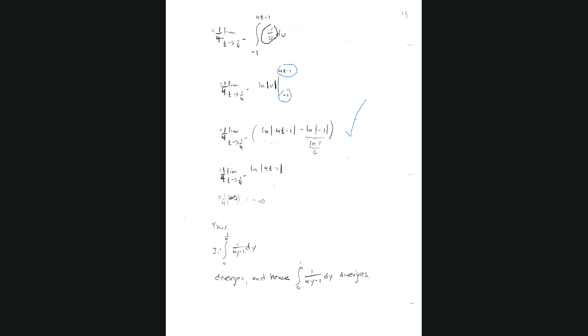All right, so we have the log of the absolute value of 4t minus 1. As t approaches a fourth, what does this approach? What does 4t minus 1 approach as t approaches a fourth from the left?